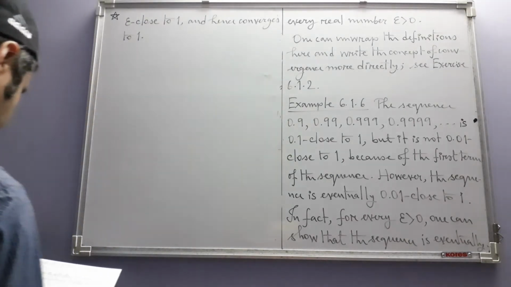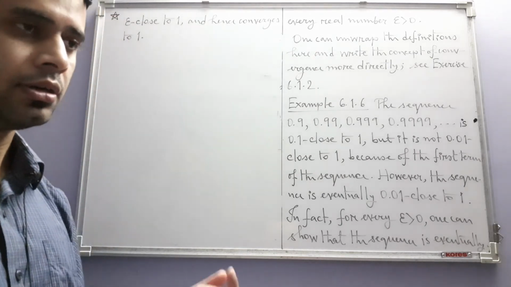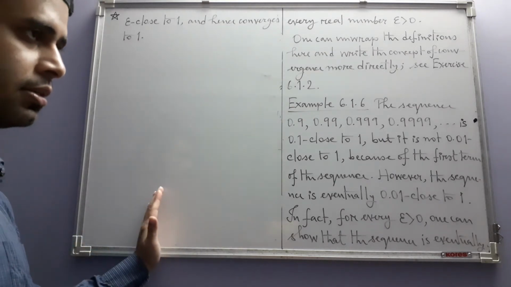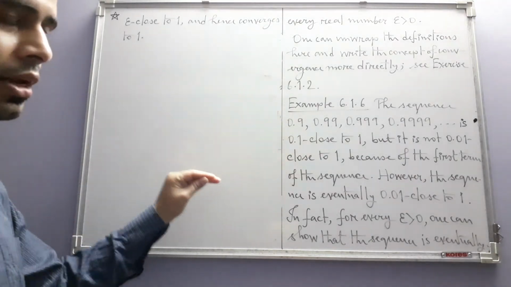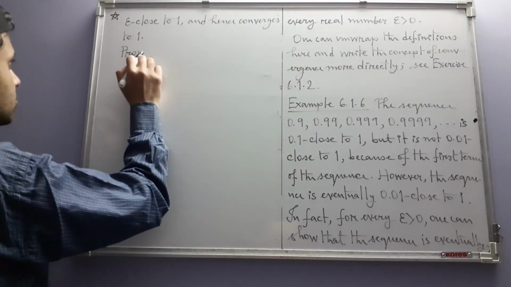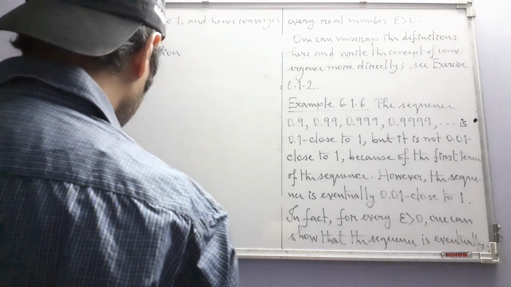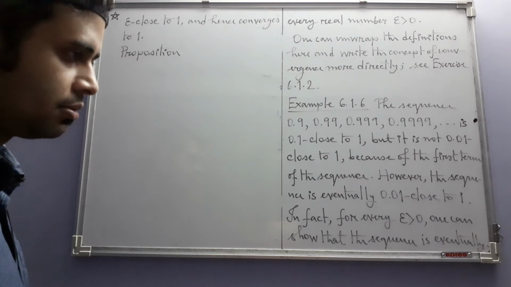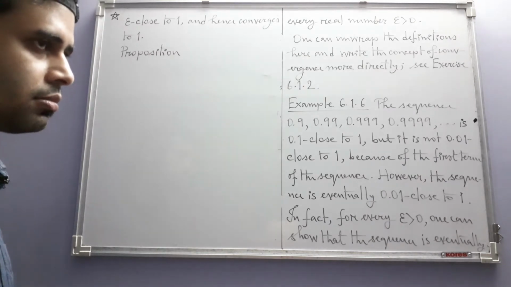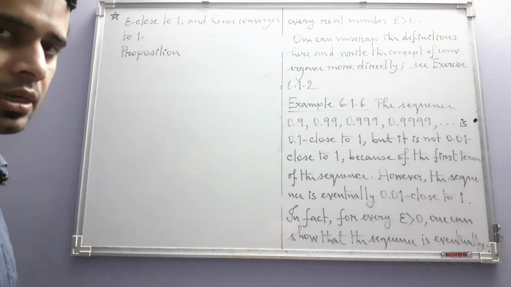Let us now see that the real number to which a sequence converges, if it converges at all, is unique. Whenever such a real number exists to which a sequence is converging, then it cannot converge to another real number. That real number is unique. So that is our next proposition. This is not always true. For real sequences it is true, but we will eventually come to a part of these type of studies where we discuss and study convergence.